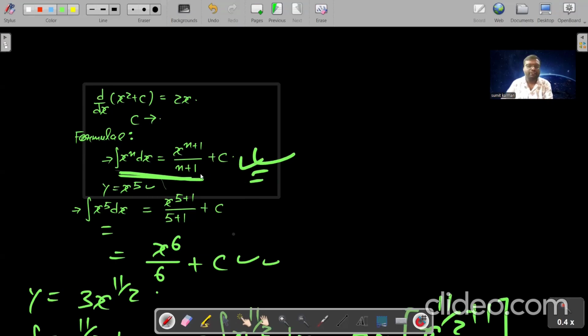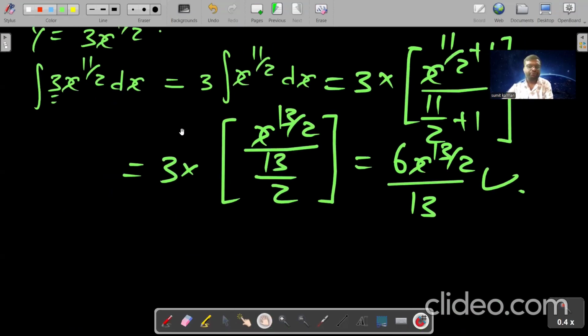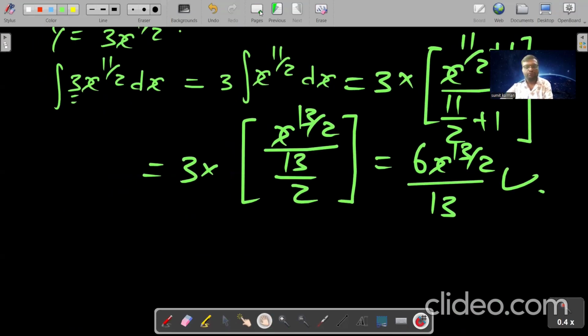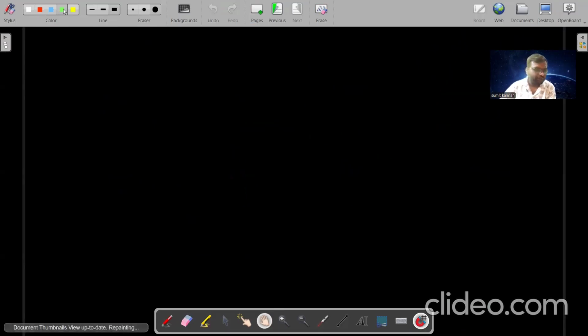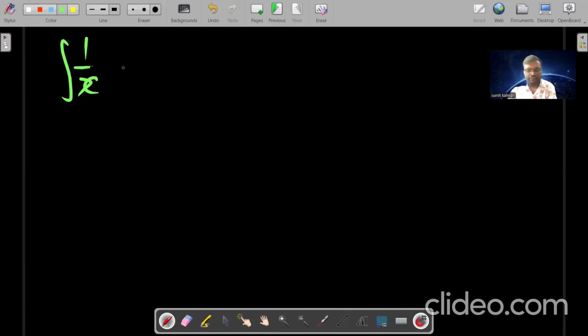Now students, next, there are some other useful formulae. If you have the function 1 upon x, the integral of 1 upon x dx will be how much? Log base e of x plus c.